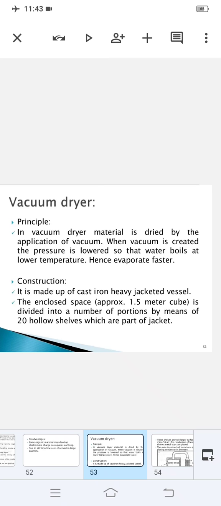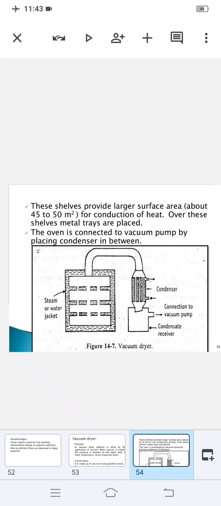Now let us see the construction of our vacuum dryer. Firstly, it is made up of a cast iron heavy jacketed vessel. You can see this steam jacket, with steam pressure in the jacket. It is so strong that it can withstand the high vacuum within the oven and the steam pressure in the jacket too. The enclosed space is divided into a number of portions by means of hollow shelves, which are part of the jacket only.